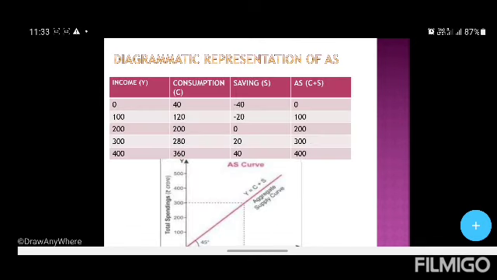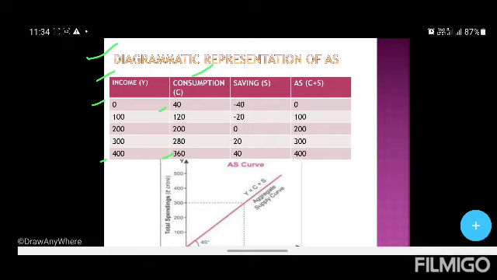So here we have the tabular and diagrammatic representation of aggregate supply. In this table, we have income, which is increasing from 0 to 400, and consumption, which is increasing from 40 to 360. As the income increases, the consumption also increases.